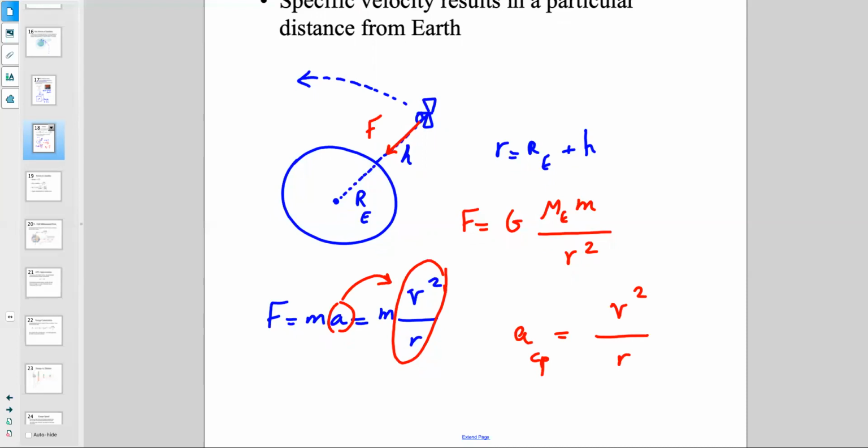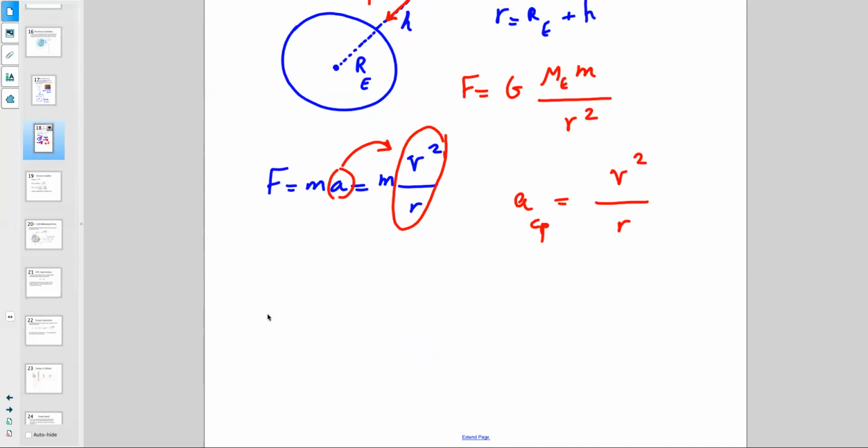Now they have to be equal, right? So you have G m of Earth times m of the satellite over r squared being equal to m v squared over r. Now you can find the velocity, because the r in the denominator will cancel one r, and the mass of the satellite, m, will cancel out.